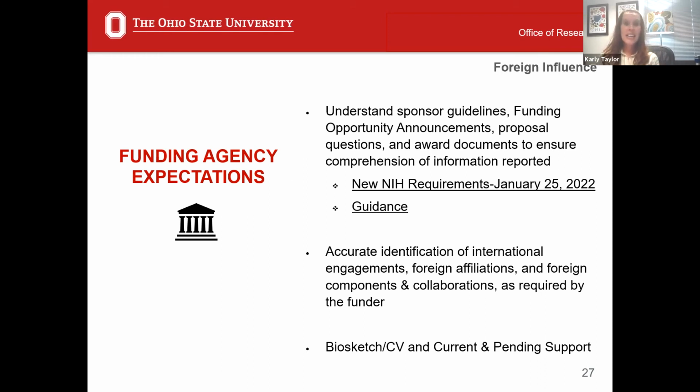If you have any foreign components, so if you're doing research outside of the US, you should indicate that and receive permission. So funding agencies are really focusing on whether your biosketch is complete and whether your current and pending support documents are complete. Next slide, please.